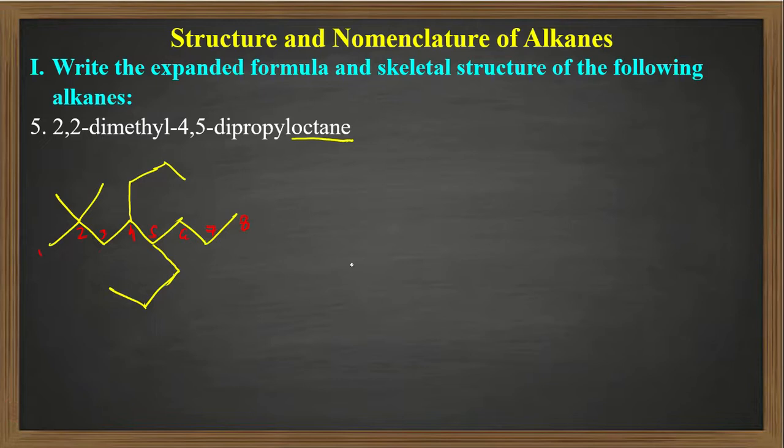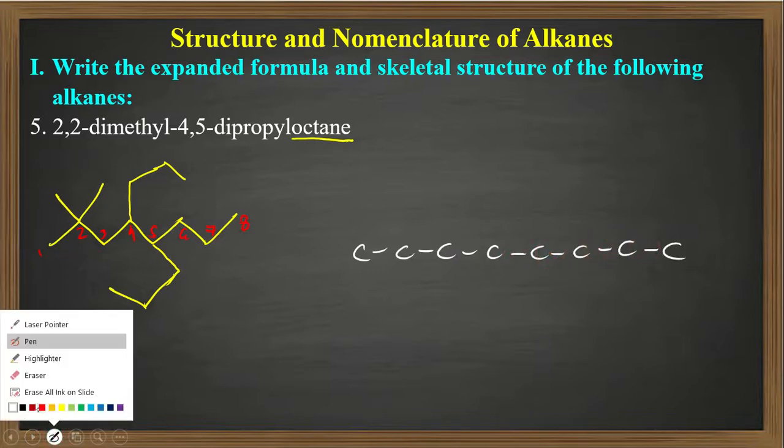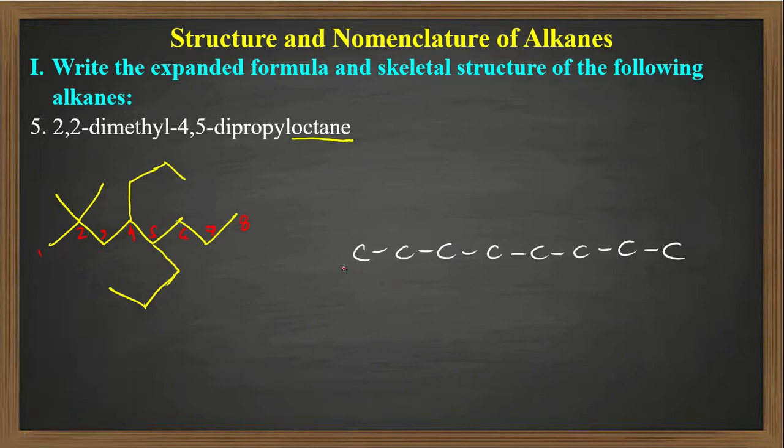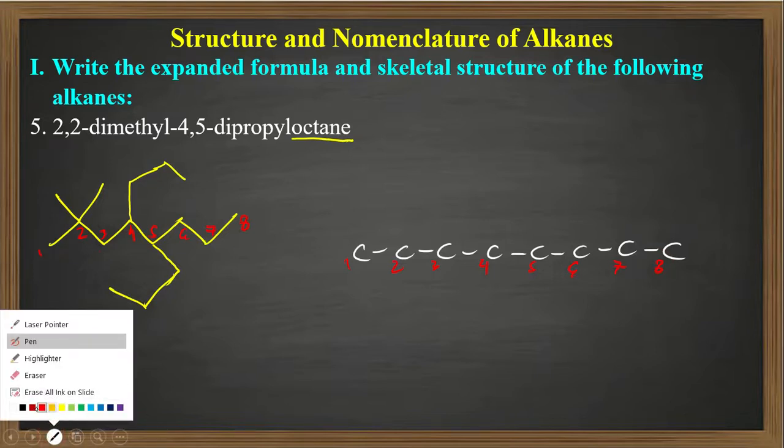First, ang inyong buhaton is to draw the parent chain, parent name. So we have octane, meaning mayroong 8 carbon atoms in the longest chain. So 1, 2, 3, 4, 5, 6, 7, 8. Okay? So let's assign first yung numbering natin. 1, 2, 3, 4, 5, 6, carbon 7, and then carbon 8. So let's first add yung mga substituent.